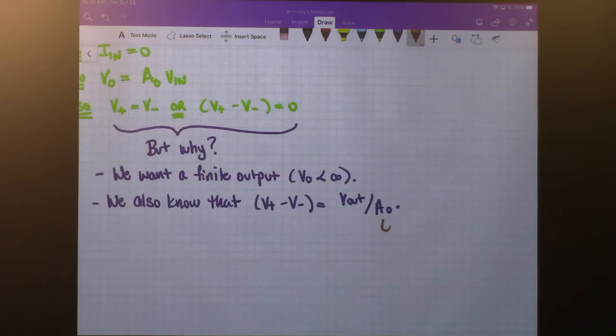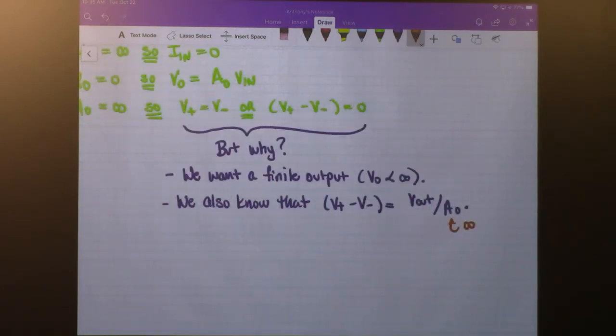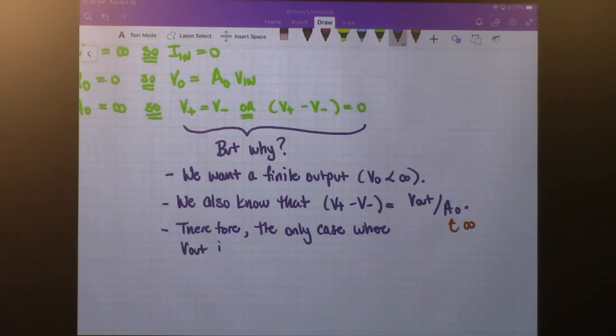Where this is infinity. Therefore, the only case where V out is finite is if V plus minus V minus equals 0.